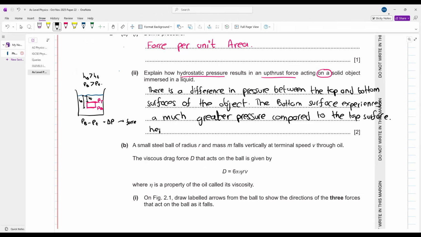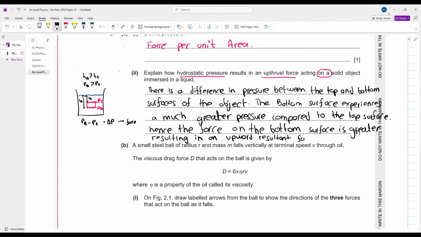Hence, the force on the bottom surface is greater, resulting in an upward resultant force. Simple. Dot.